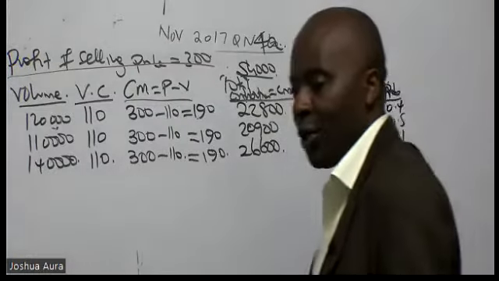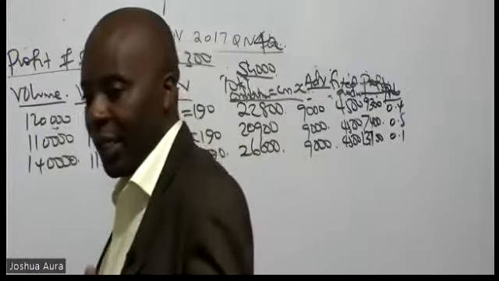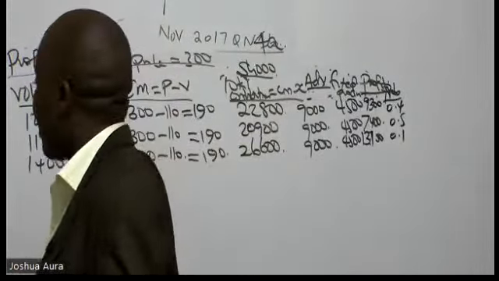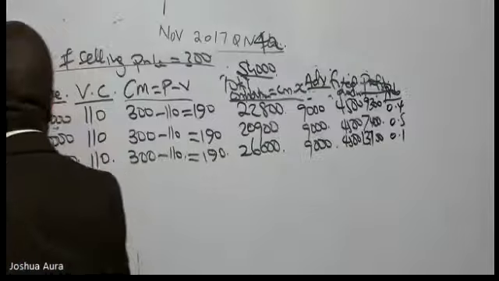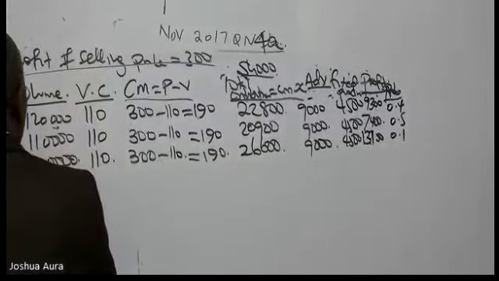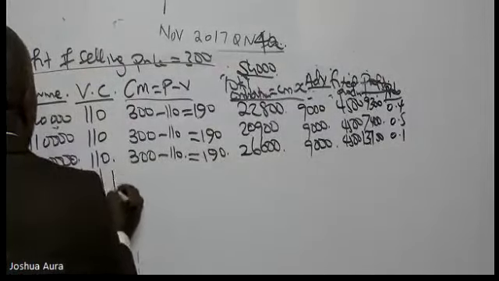So ladies and gentlemen, what I need to do now with the profitability, and I have the probability there, then I need to give them what we call the expected profit.